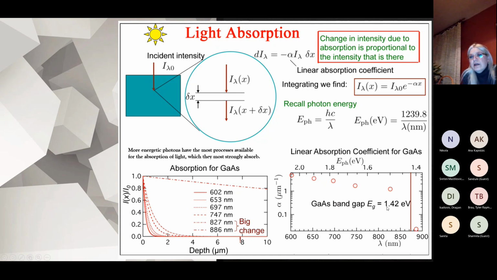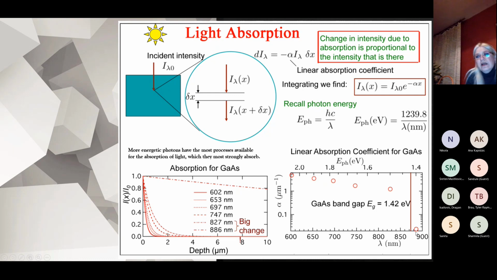This is because the energy of the photon has reached a value which is below the band gap of this semiconductor. And photons which have a smaller energy than the band gap of the material cannot create carriers, and they cannot participate in the working of the solar cell.